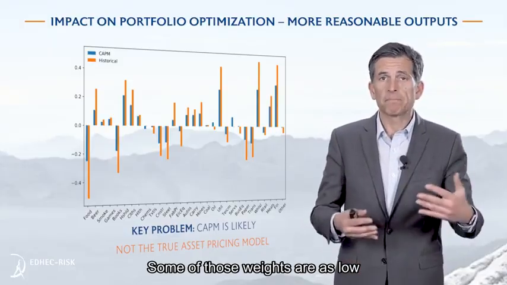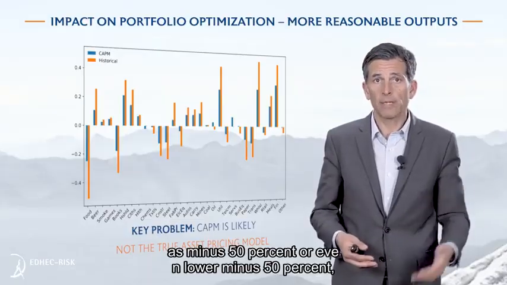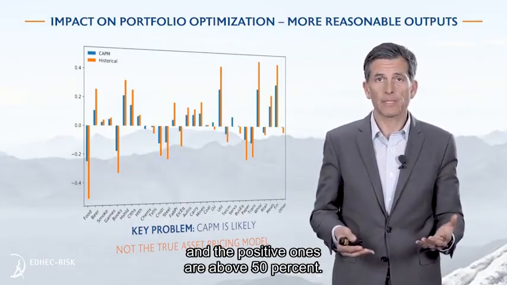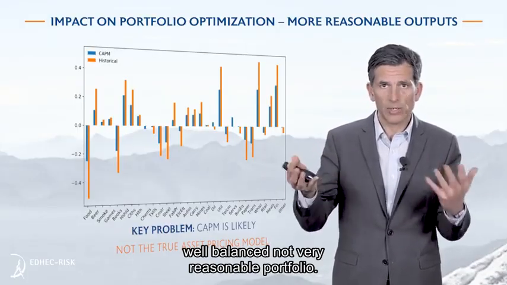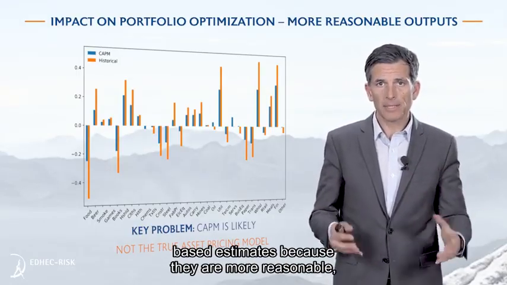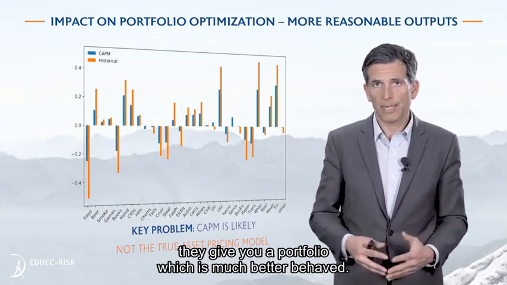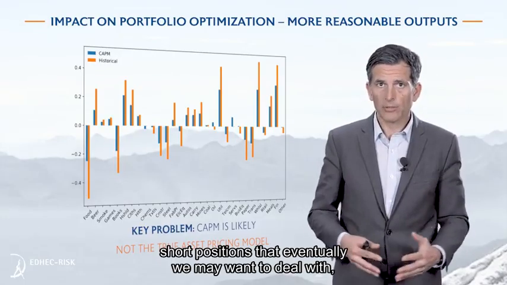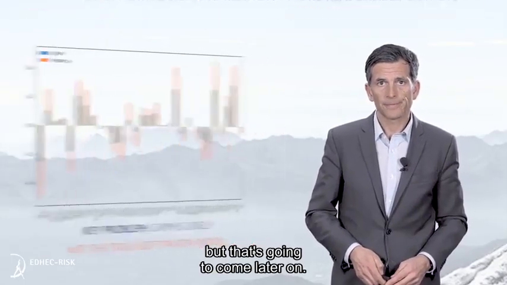Some of those weights are as low as minus 50% or even worse, and the most positive ones are above 50%. We're clearly looking at an extreme, not well balanced, not very reasonable portfolio. Now, if you look at CAPM-based estimates, because they are more reasonable, they give you a portfolio which is much better behaved. You still see a number of short positions that eventually we may want to deal with, but that's going to come later on.